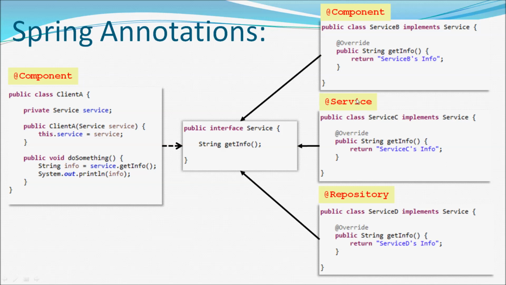And then we can use the Repository annotation to mark a class as a bean. Technically, Component, Service, and Repository have the same meaning. They have different names to mark classes in different layers of the application. For example, you can mark a class in the service layer or in the repository layer.